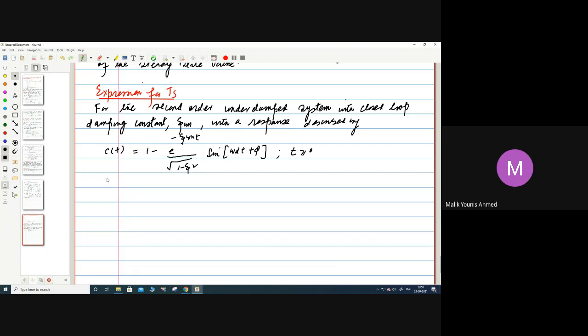Settling time occurs when, for this time transient specification, we have to see e raised to minus xi omega n Ts divided by under root of 1 minus xi square, that should be within the 2%, so that is 0.02.